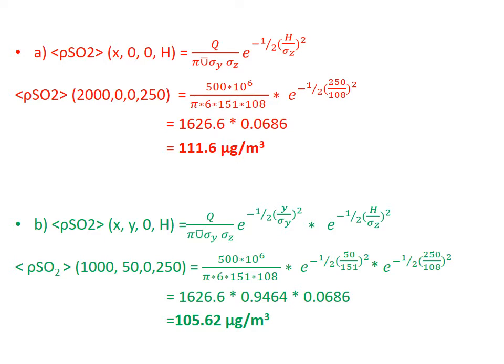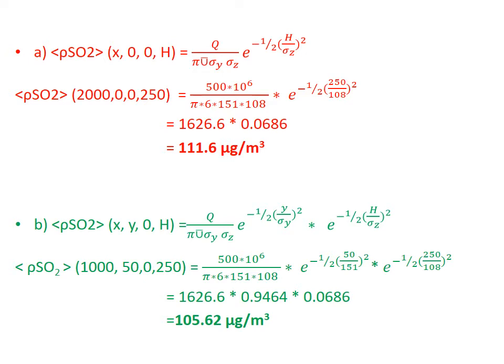Substituting the values, we get 500 into 10 raised to 6 by pi into 6 into 151 into 108 into e raised to minus 1 by 2 into (250 by 108) the whole square. Solving this, we get the concentration of SO2 as 111.6 microgram per meter cube.